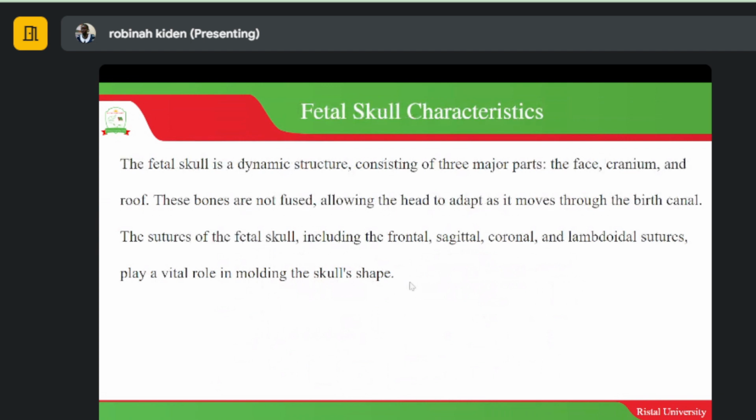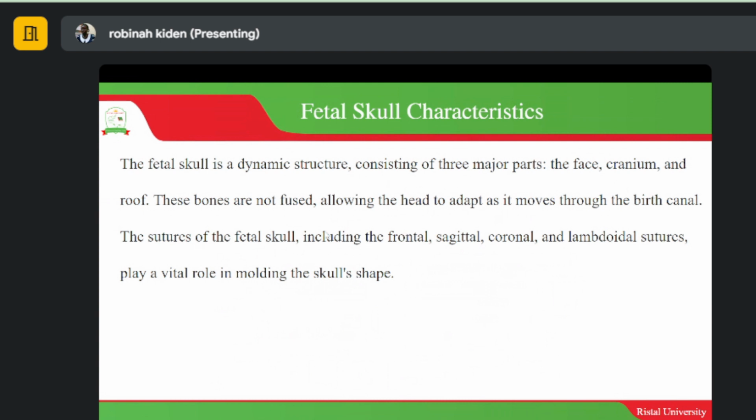The fetal skull is a dynamic structure. So at the time when the fetus is growing, there are sutures. Sutures, these are membranous openings in the fetal skull, and these normally allow for the molding of the head to take place. So these are very, very important.